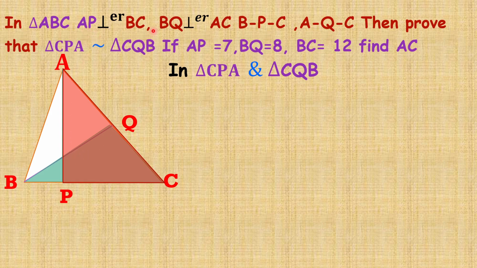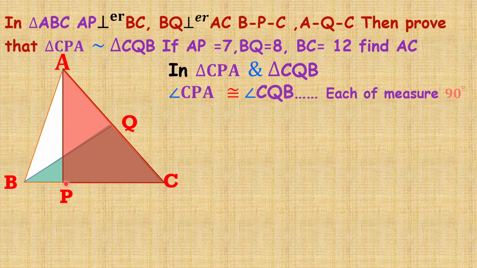Here, AP is perpendicular to BC, given. Therefore, angle CPA is equal to 90 degree. Also, angle CQB is equal to 90 degree. Both angles have the same measure, 90 degree. Therefore, angle CPA is congruent to angle CQB.